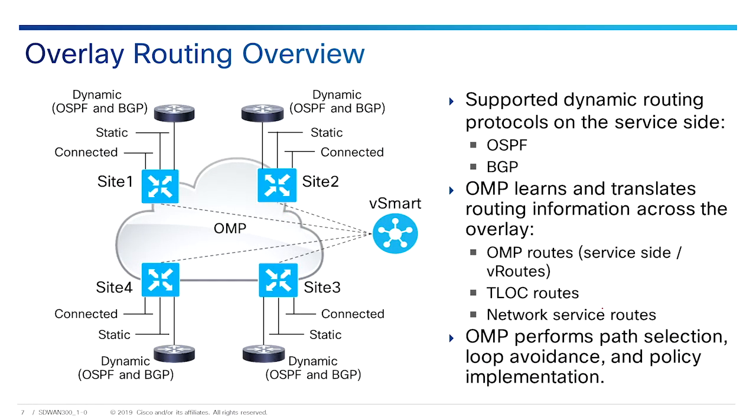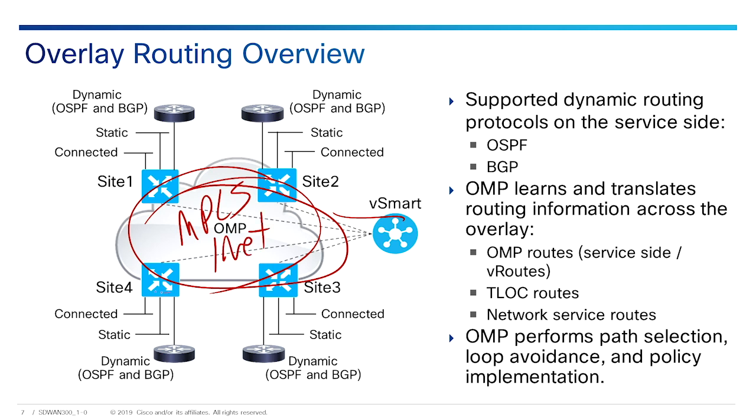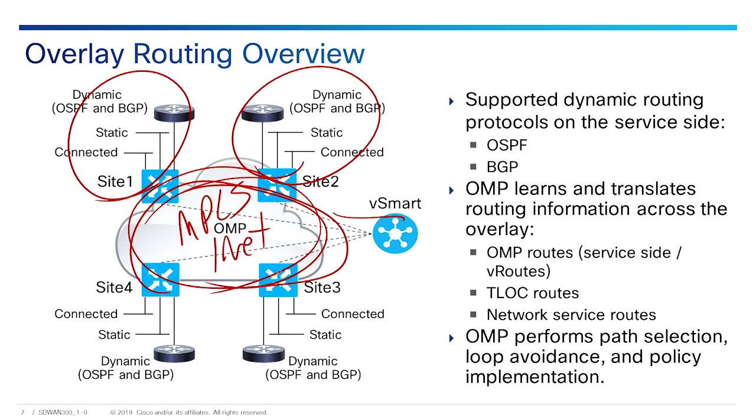So remember, we have two sides of the network. We have the underlay and the overlay network, which is between the vEdges, vSmart, and all the other sites. These are where your MPLS, internet, etc. are, right? This is each site connecting. Then we have the services side. Okay? This is where we're providing service. These are the side we're providing services to.